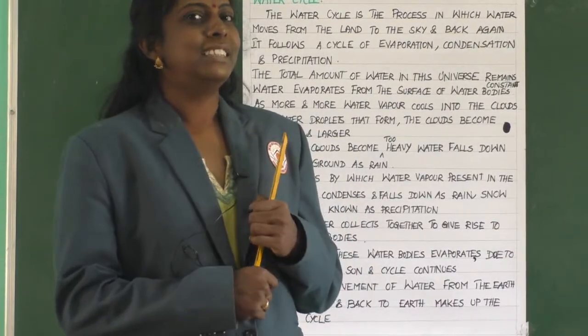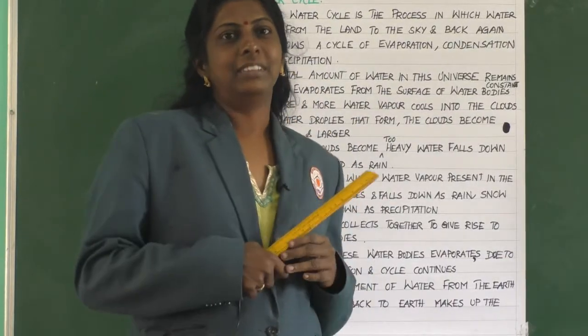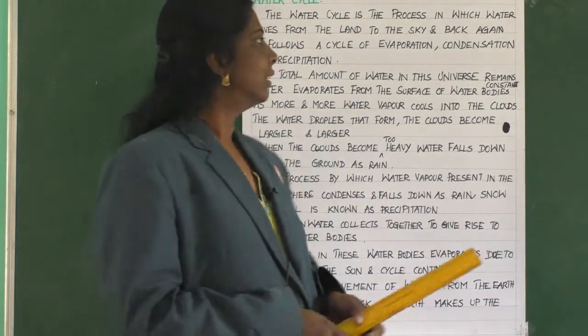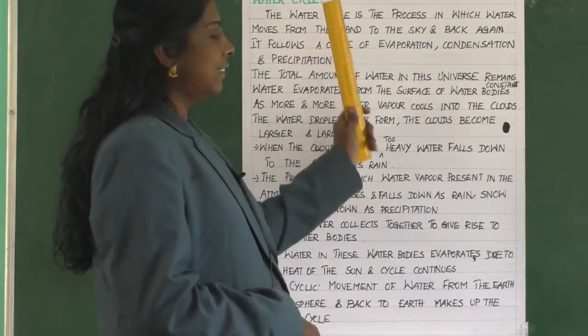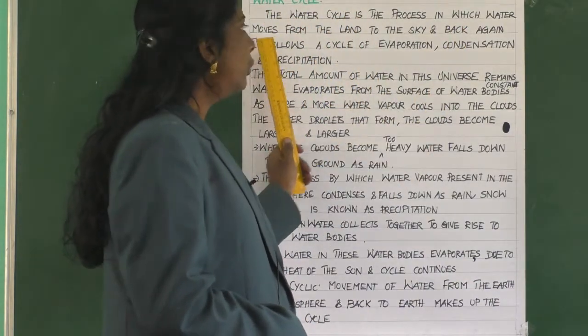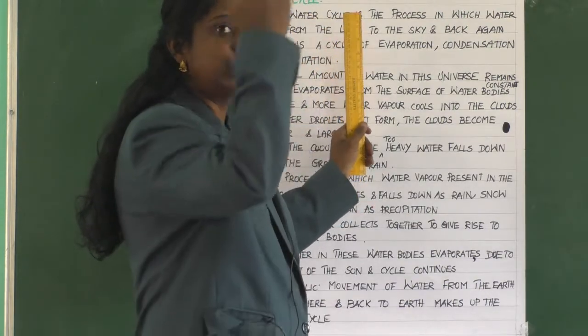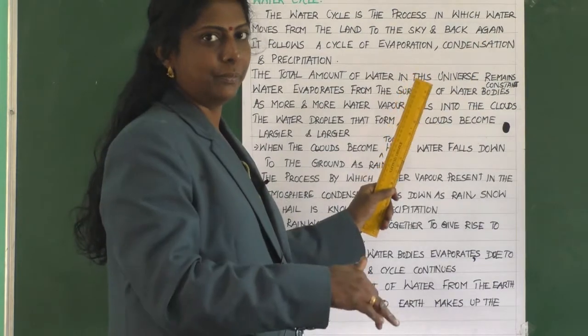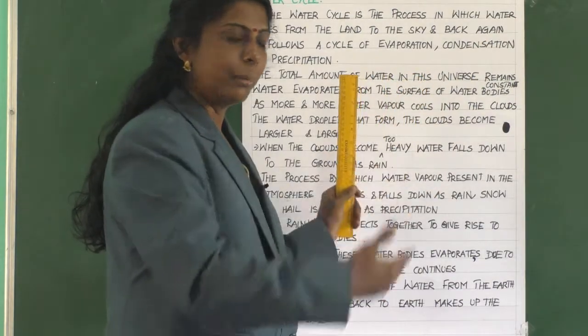Children, now let us learn about the next part of the chapter, that is the water cycle. So the water cycle is a process in which water moves from the land to the sky and back again to the land. So it is a cyclic process.